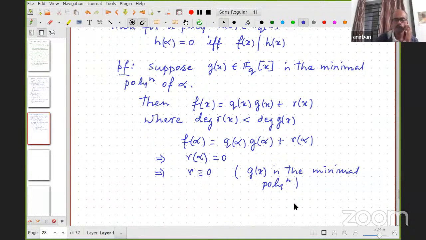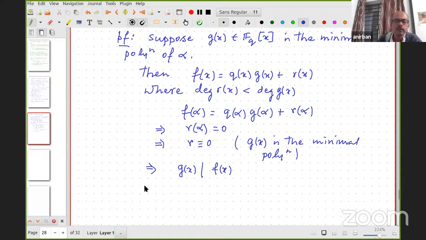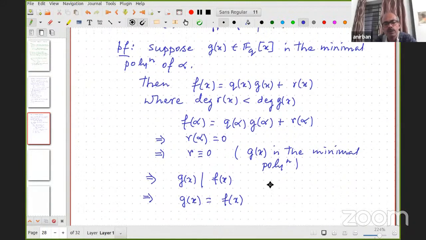So if r(x) is identically 0, we don't get a remainder. That simply means g(x) divides f(x), but f(x) is irreducible. So g(x) is equal to f(x). One small point is that it can be up to a constant.